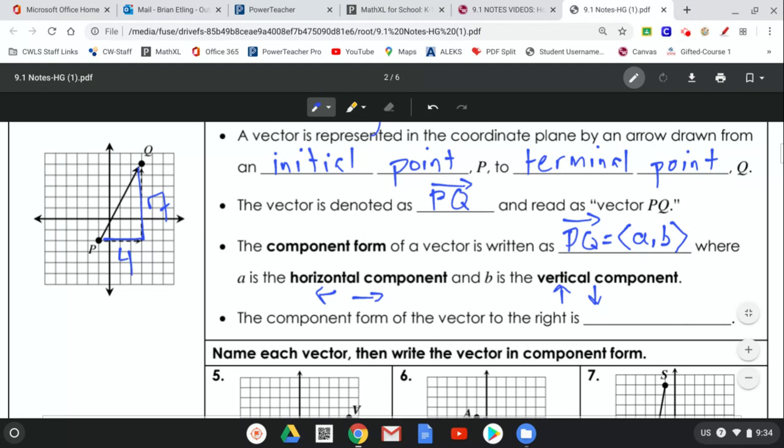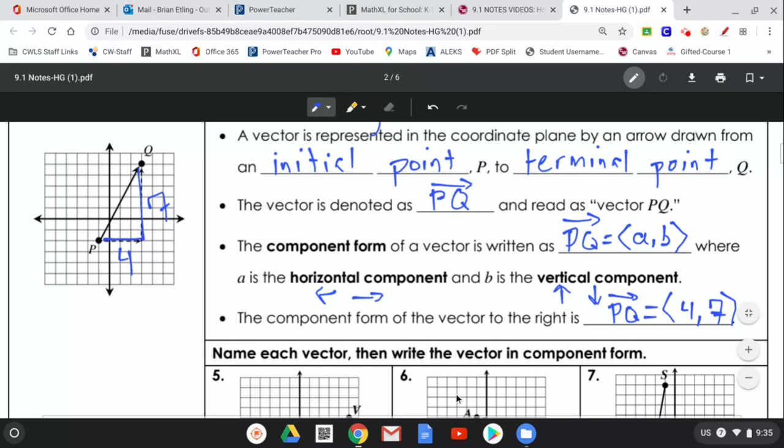So for this part, it's going to be vector PQ equals, put that bracket there, and we went 4, so the horizontal component, to the left or right, we moved a positive 4, and then we went up 7, so we moved in the y direction positively, so it's going to be positive 7.